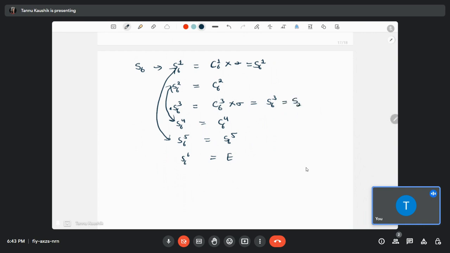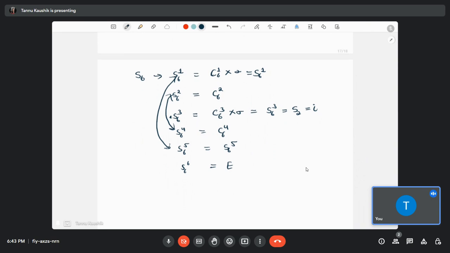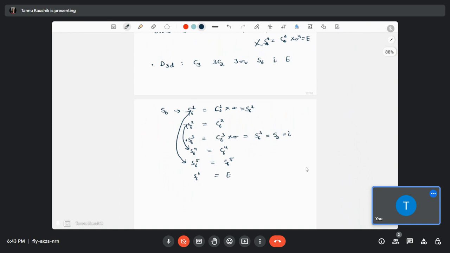But this S6^3 is equal to S2, which is equal to i. So this is again present already in the group. So it won't be counted as a separate class. So we are getting two separate classes from this S6 operation.